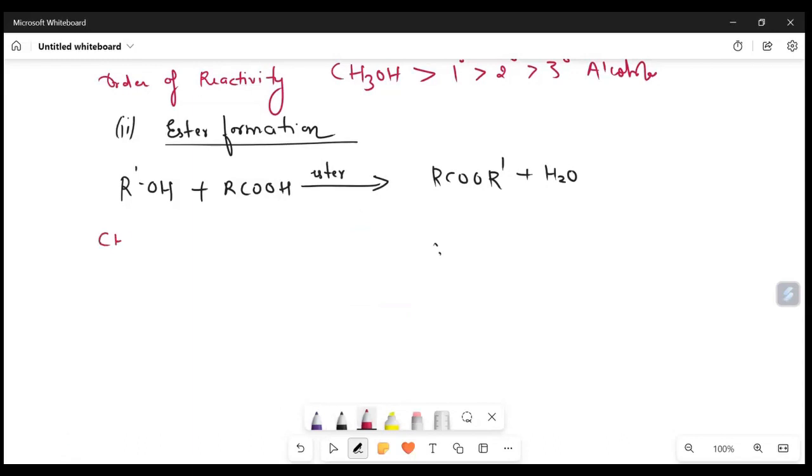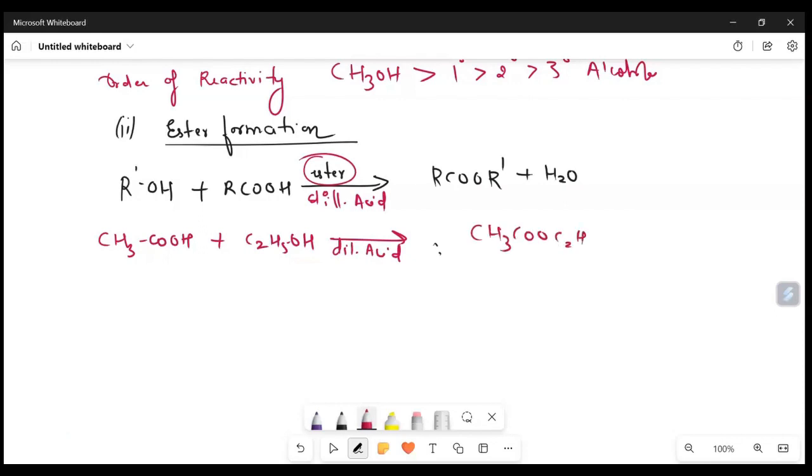The example will be this: suppose CH3COOH plus C2H5OH. In the presence of dilute acid, you can write down with me, it will form CH3COOC2H5 plus water.